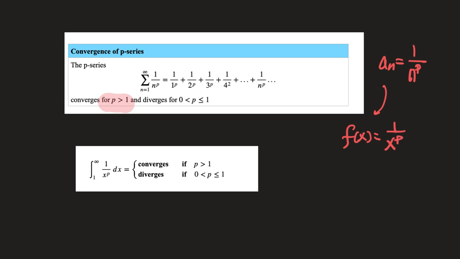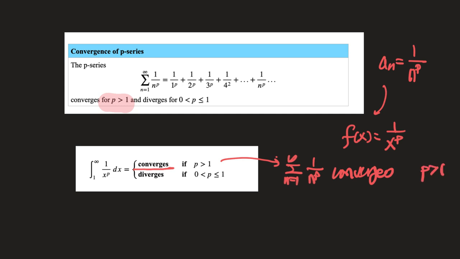In the previous module we studied that, depending on the p value, this improper integral converges or diverges. For example, for p greater than 1, this improper integral converges, which means the infinite series converges where p is greater than 1.